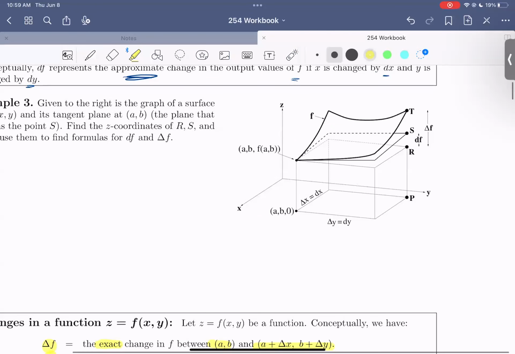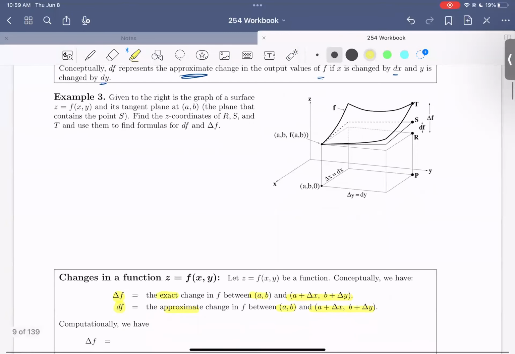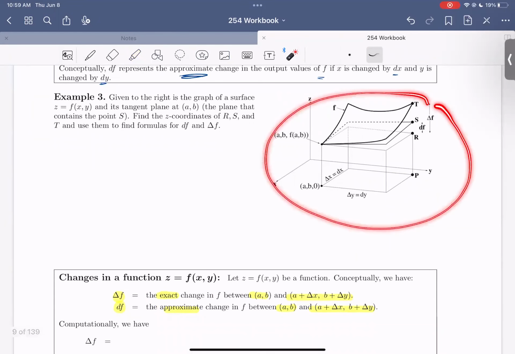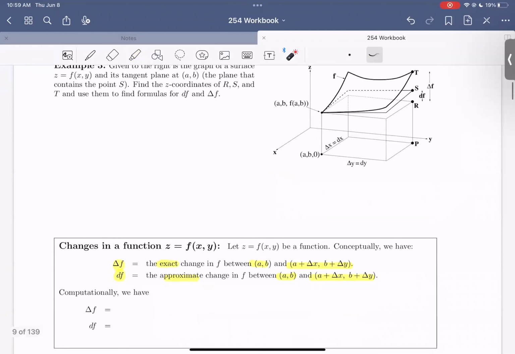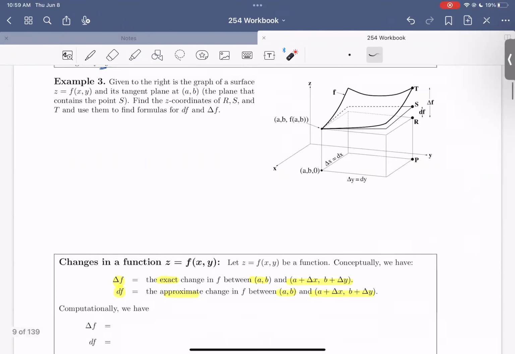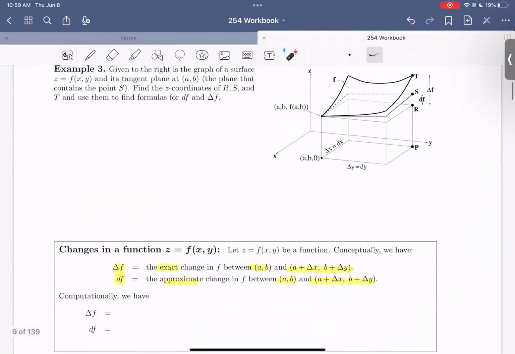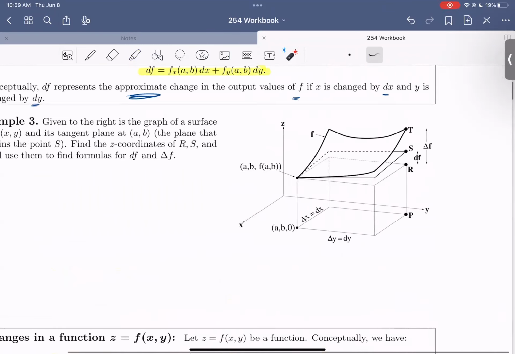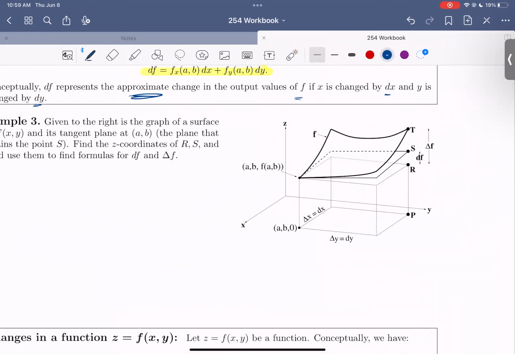Rather than carry out the derivations in example 3, I want us just to talk through this diagram and come up with those formulas for the change of f, the exact change, and the differential, or approximate change of f. What we're considering here in this diagram is looking at the point (a, b). The output at (a, b) of our function is f of (a, b), and we see that's here on the surface of our function f.